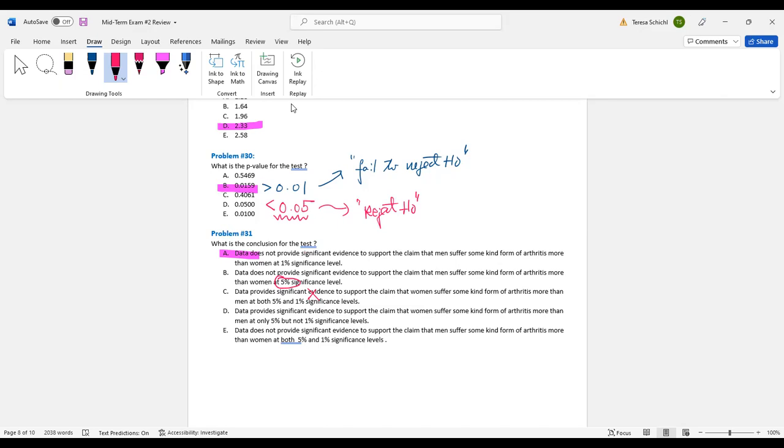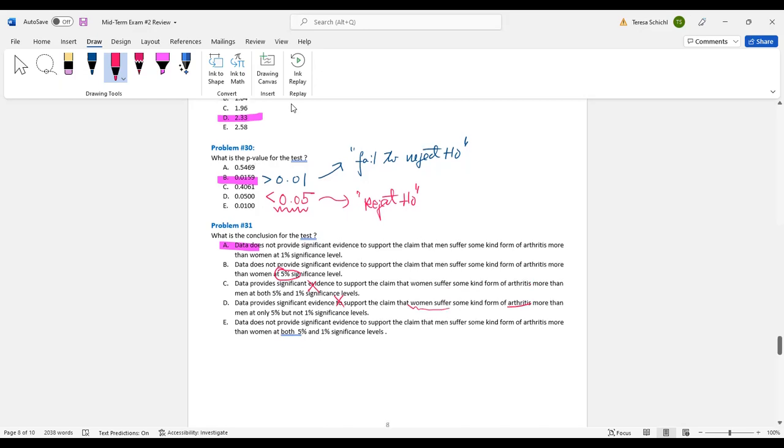Women suffer more means P woman greater than P man. But our test is P man greater than P woman. So this is not true either. Right? So part E is not true, for the same reason. So that's why part A is the correct answer here.